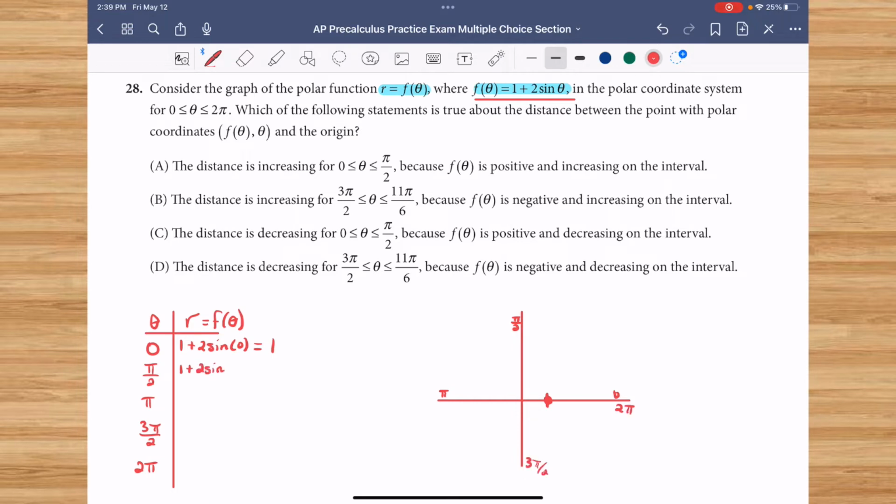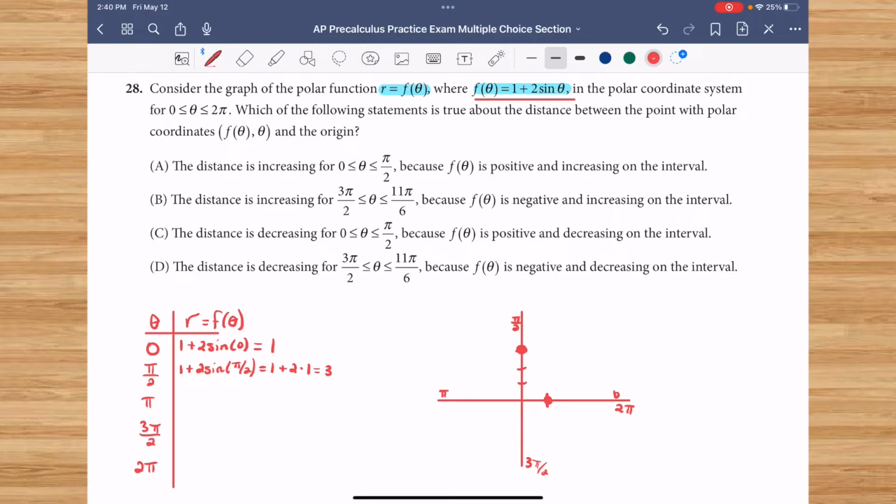At pi over 2, sine of pi over 2 is 1. So this is 1 plus 2 times 1, or 3. At pi, I have 1 plus 2 sine of pi. Sine of pi is 0, so 2 times 0 is 0, so this is going to give me a value of 1.